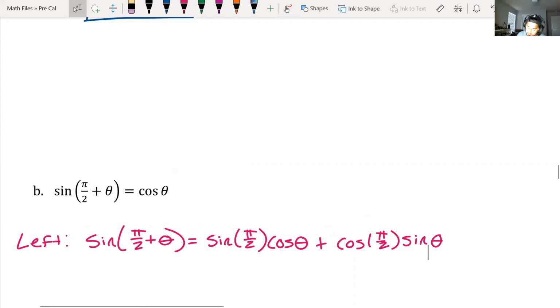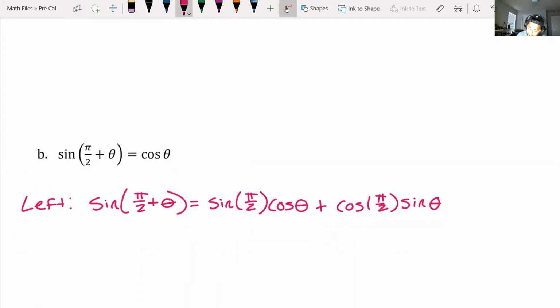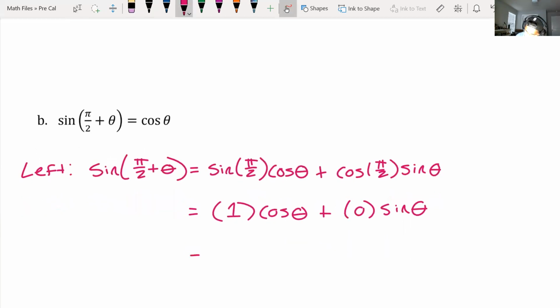Well, what is sine at pi over 2? 1. 1 times the cosine of theta plus, what is cosine at pi over 2? 0. So what are we left with? 1 times cosine, 0 times sine is 0, and you're left with cosine theta.